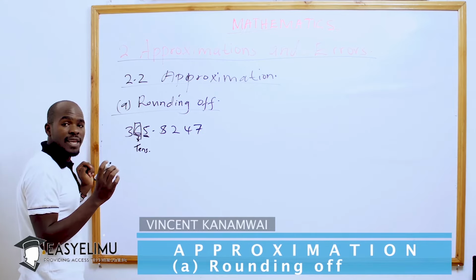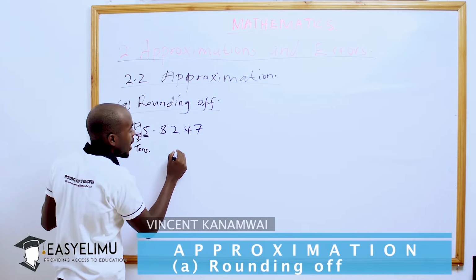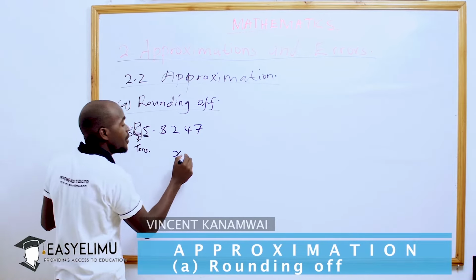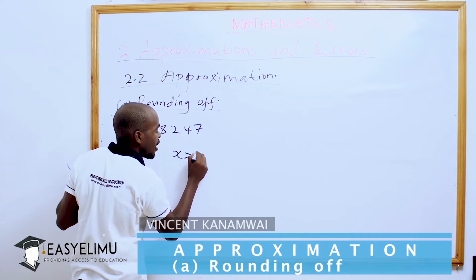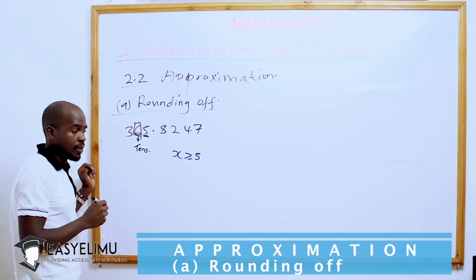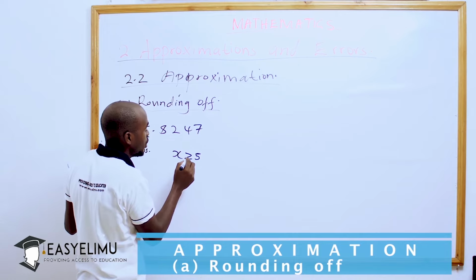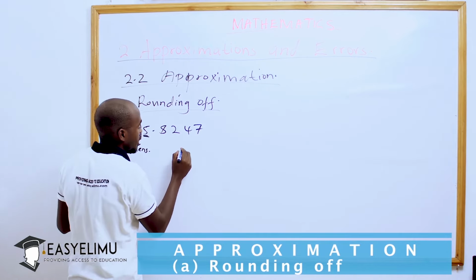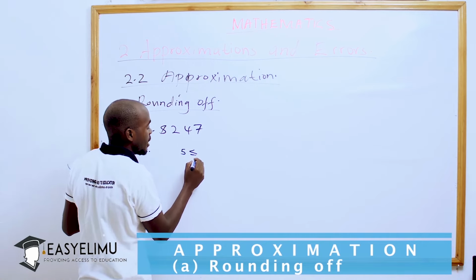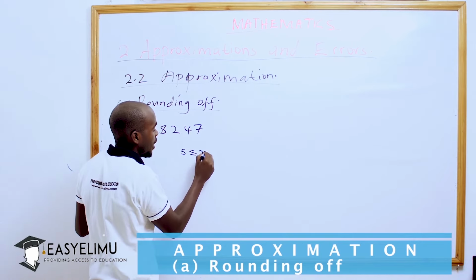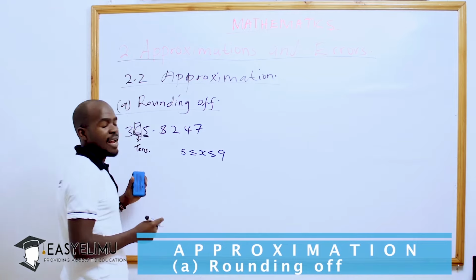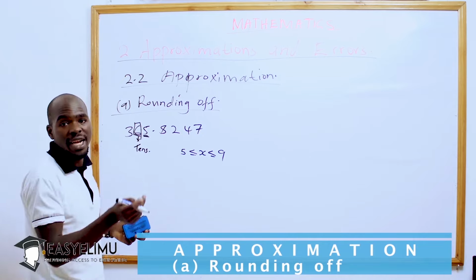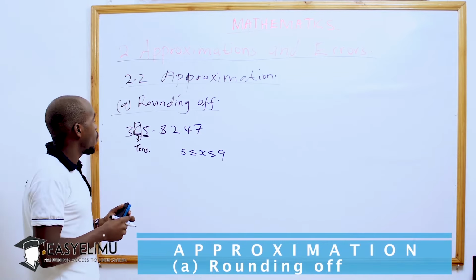Then the condition says that if that number is greater than or equal to 5, meaning that it should be within the range from 5 to 9, then that number can be rounded off to the next number. So what shall be done?